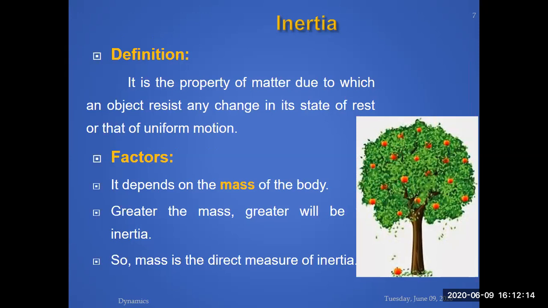So that was half of the answer. Now the next reason. What happens when a driver applies a brake in a fast moving bus? Then you fall forward. Why? The reason is that when the bus is moving with a faster speed, our whole body is in motion with the motion of the bus. When sudden brakes are applied, the lower portion of the body comes to rest with the bus.